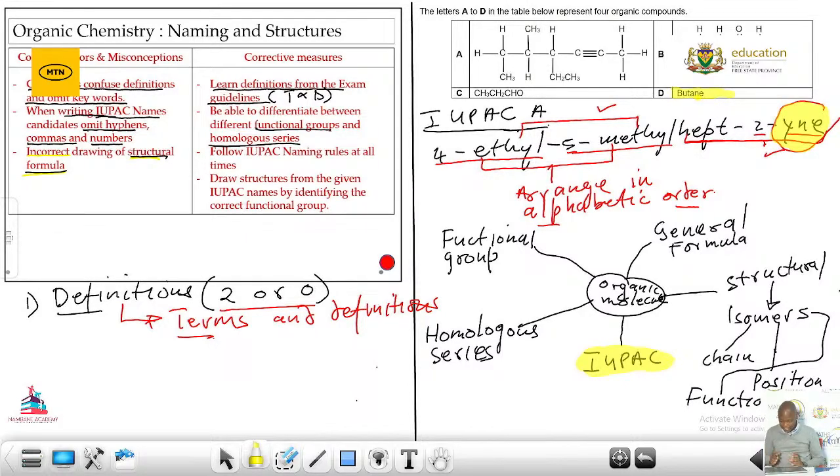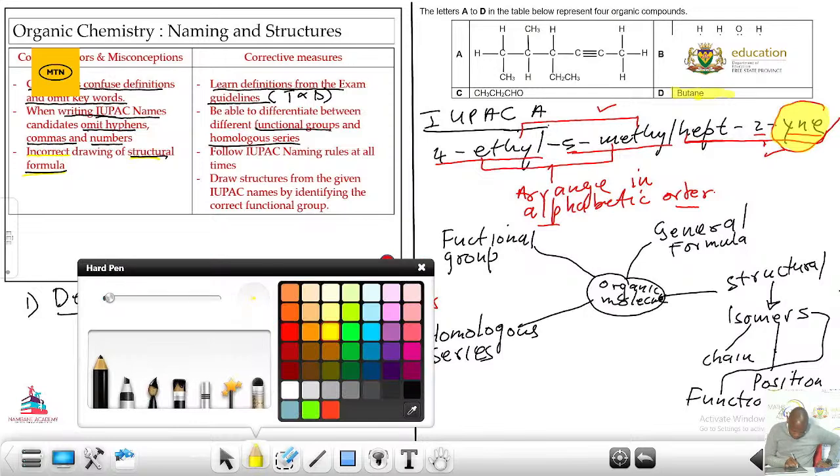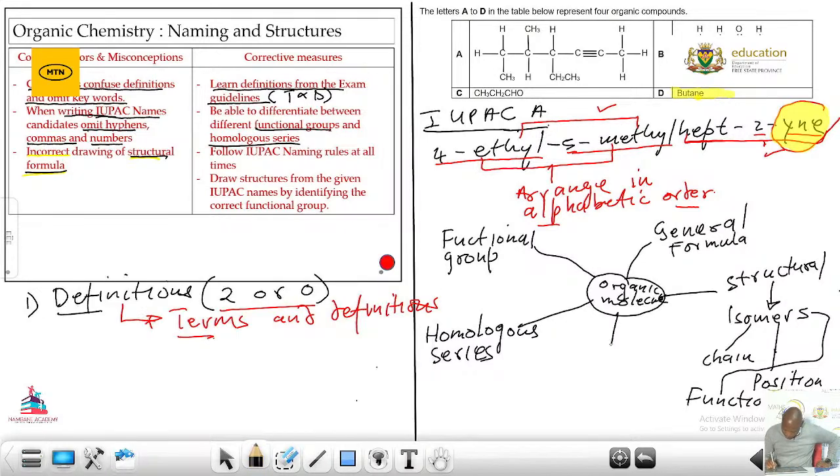So what does this say? This says to me, if I am working with an IUPAC name, the possible questions should come outside this IUPAC name. So if I am given a structure, let me quickly remove this and say now, what if I am given a structure?